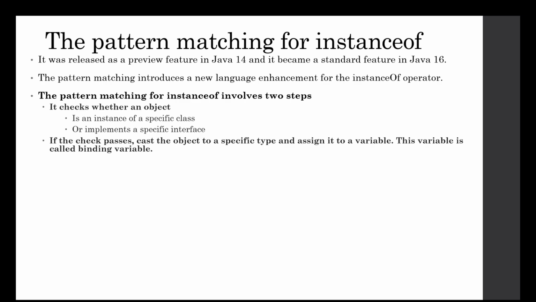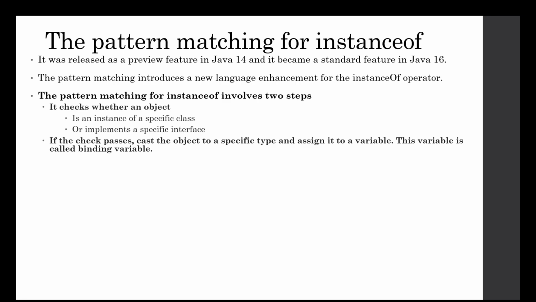In the second step, if the check passes, meaning that the object is an instance of the specific class or the class implements a specific interface, then it is going to cast the object into that specific type, which may be the specific class or the specific interface, and then assign that object to a variable.